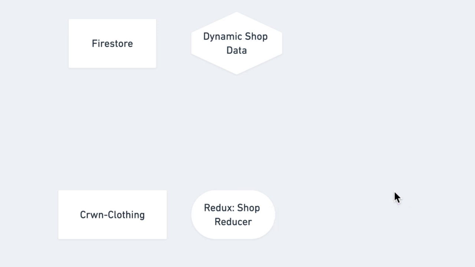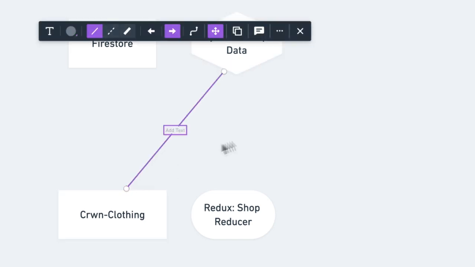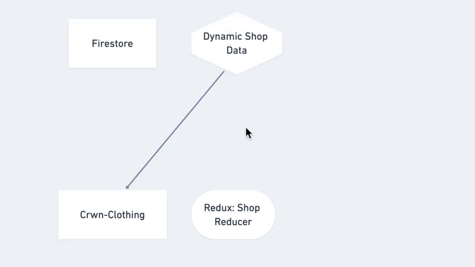So we want to get rid of that, and essentially just pull this data in from Firestore into our application. By doing that, we're now able to listen for Firestore changes whenever this data updates so that our application always has the newest data. We're still going to store this data inside of our shop reducer, but we just have to think about how we're going to do this.